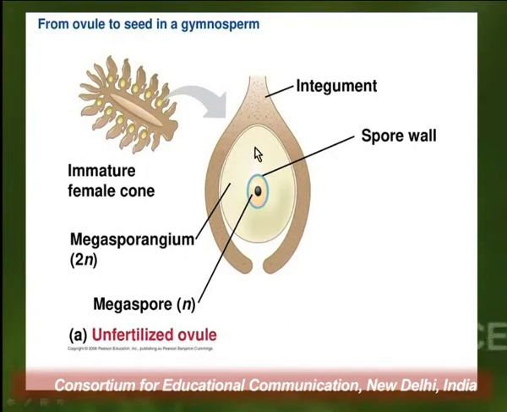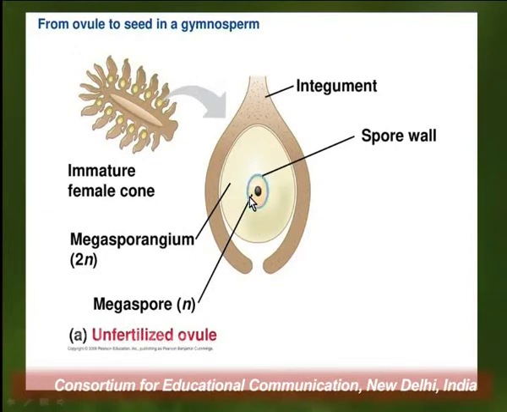Inside this megasporangium lies one single megaspore. This single megaspore undergoes meiosis to give rise to 4 haploid cells. Out of these 4 haploid cells, 3 degenerate.